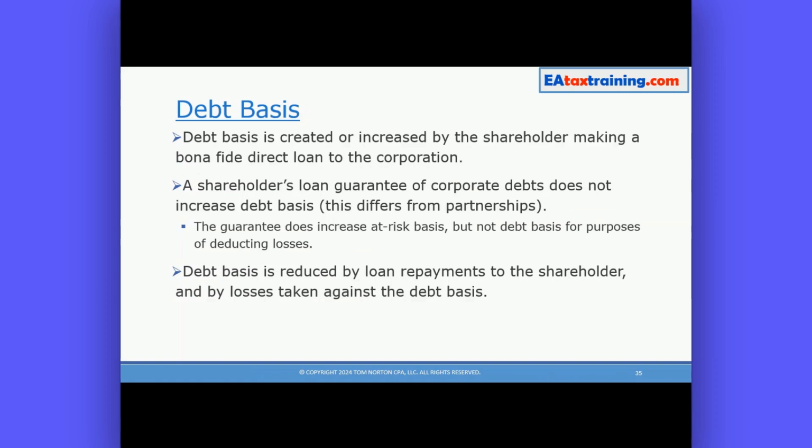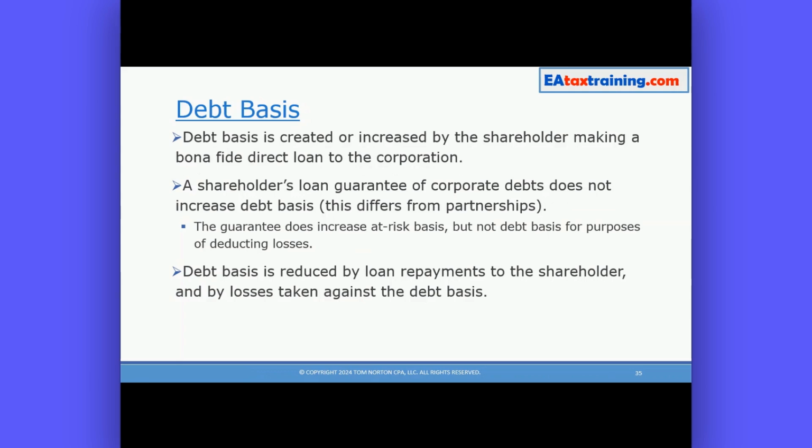So this is different than with a partnership. Remember, with a partnership, there's only one kind of basis. But if the partner guaranteed a debt of the partnership, then the partner got basis in the partnership for that guarantee. That does not happen with an S Corp.